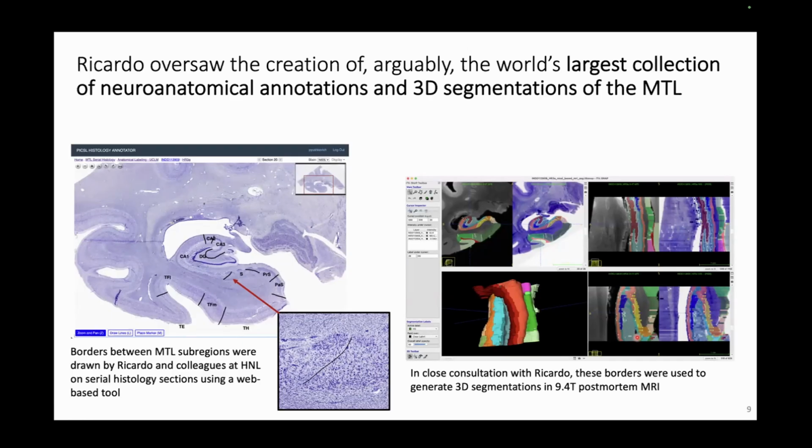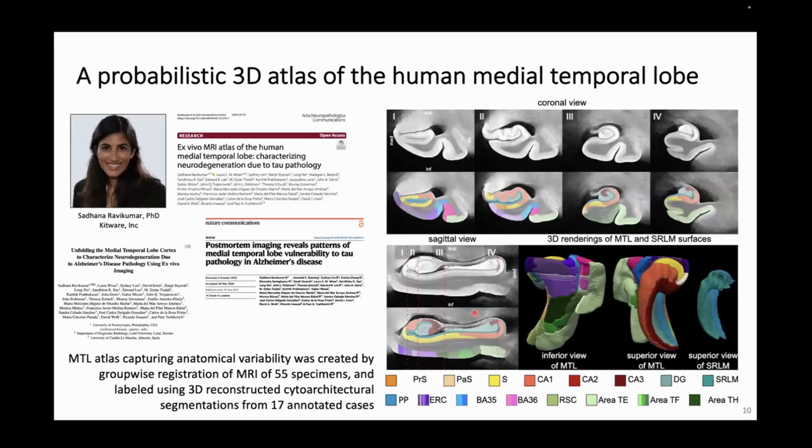For some of these specimens, he then helped us turn these 2-dimensional annotations into solid 3-dimensional segmentations, as you can see on the right. And then in a series of papers led by Sadhna Ravikumar, who was a PhD student and a postdoc here at Penn, we constructed these atlases of the medial temporal lobe that incorporate his segmentations and use them to study patterns of atrophy and how atrophy is associated with pathology.